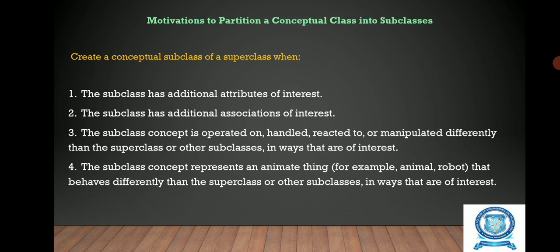Now, let us see the motivations to partition a conceptual class into subclasses. We create a conceptual subclass of a superclass when the subclass has additional attributes of interest, the subclass has additional associations of interest, or the subclass concept is operated on, handled, reacted to or manipulated differently than the superclass or other subclasses.